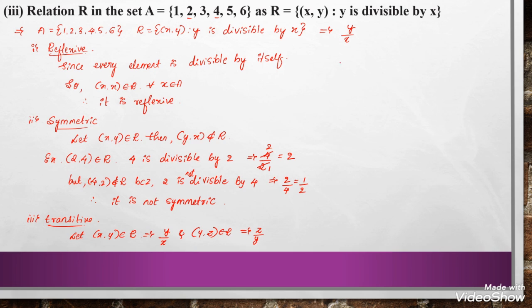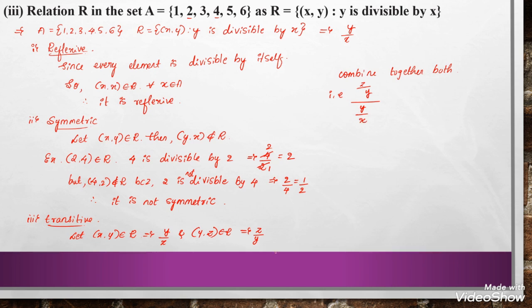I will combine both together. That is, x comma y belongs to R implies y by x, and again y comma z belongs to R, z by y. So I can write z by y whole divided by y by x.